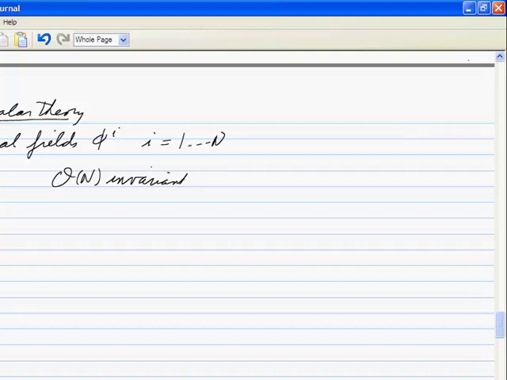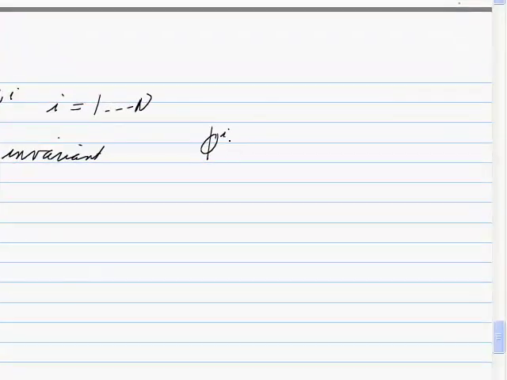So it transforms, phi_i goes to R_ij phi_j, with R_ik R_jk equals delta_ij. So this generalizes from 2, which we did, or 3. We were doing O(3) up to O(N).